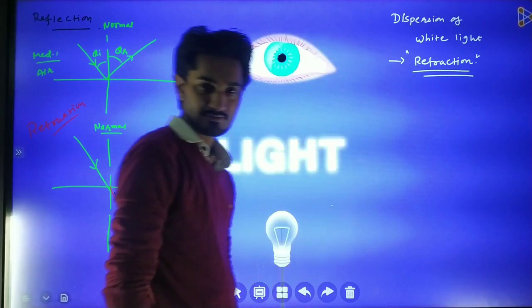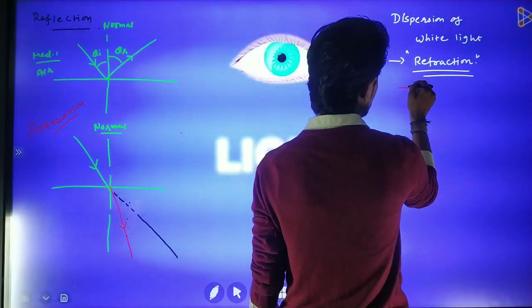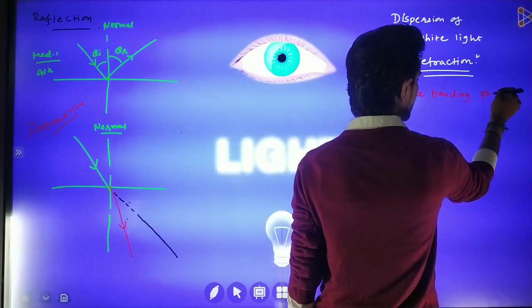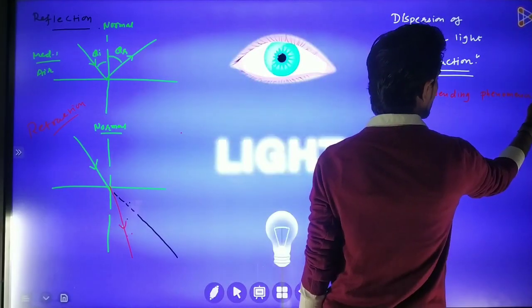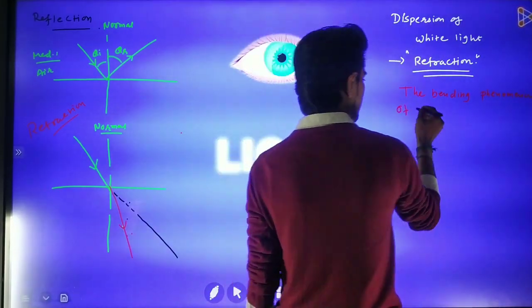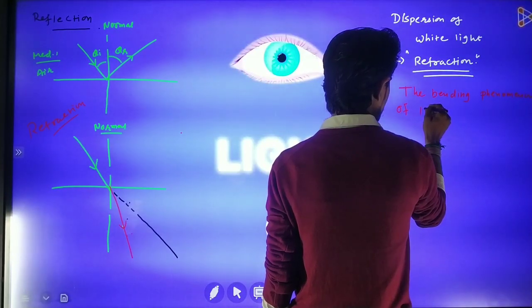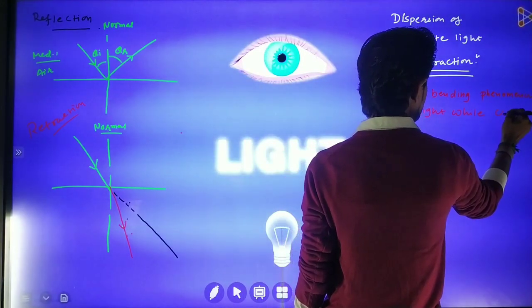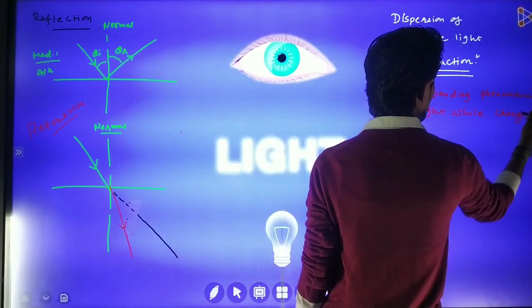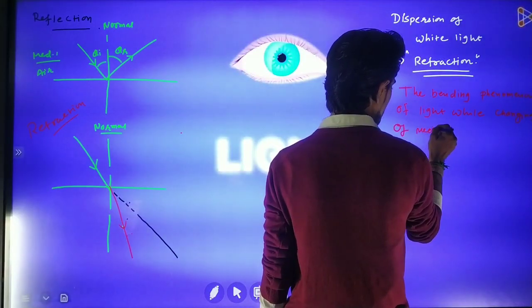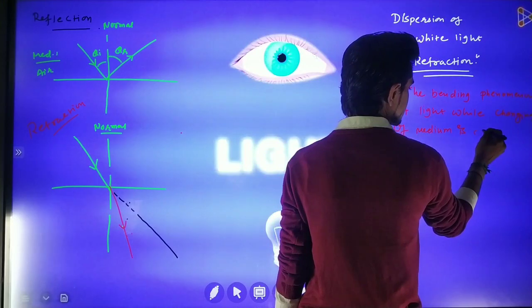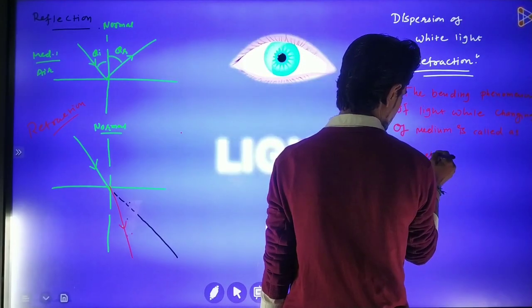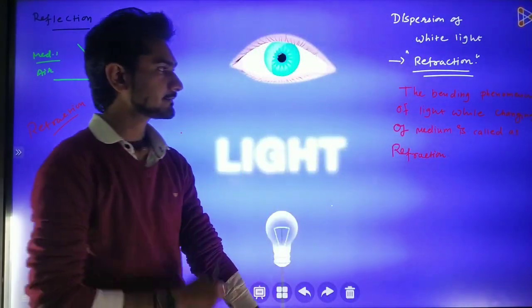Now we have to write the definition for that. So, the bending phenomenon of light while changing the medium is called refraction.